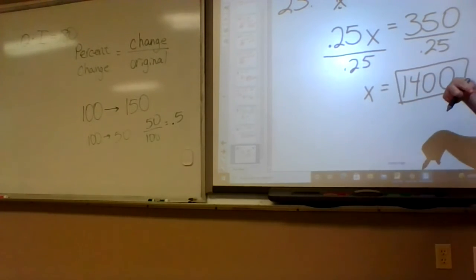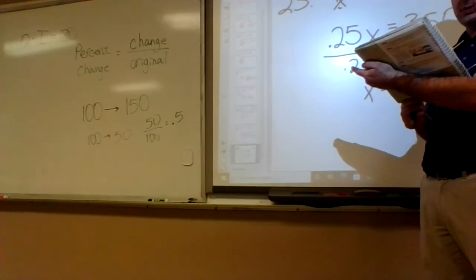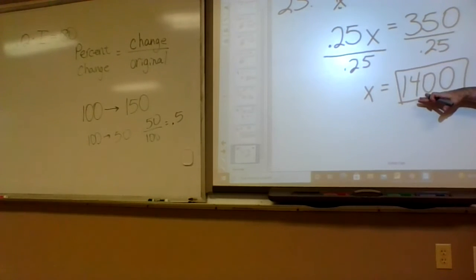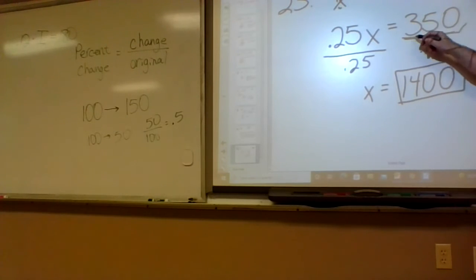The easier part is going to be the second part, which is find the change. So this was the original, this was the new amount right there. So how much did it change? Not percent change, they told us that.